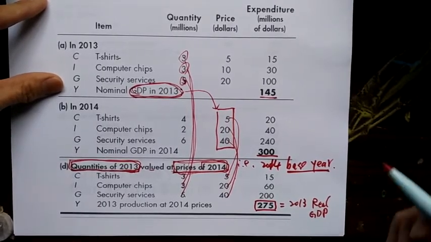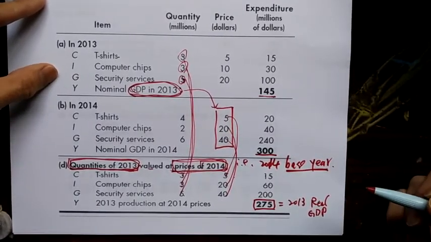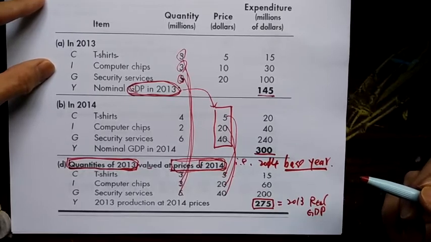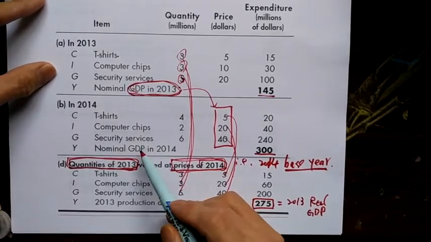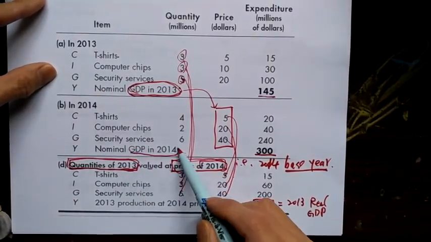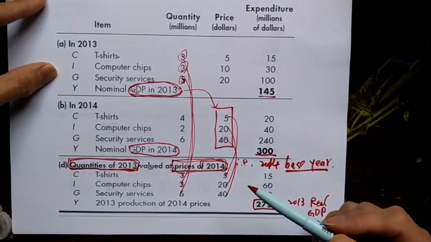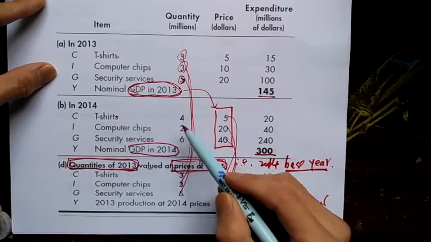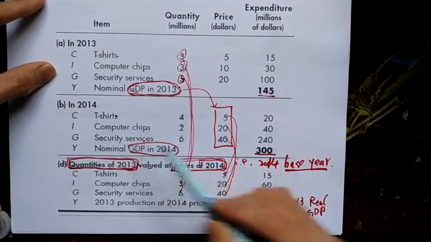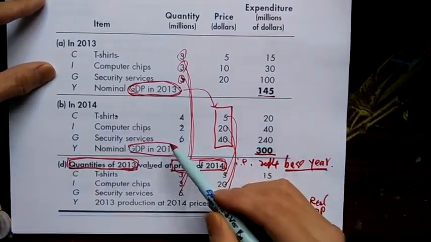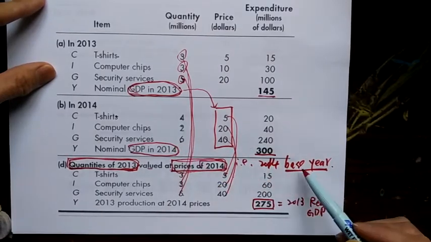Now, what is the 2014 real GDP? The answer is 2014 production. What is 2014 production? The answer is 4 shirts, 2 chips, 6 services. Value them at the base year price.